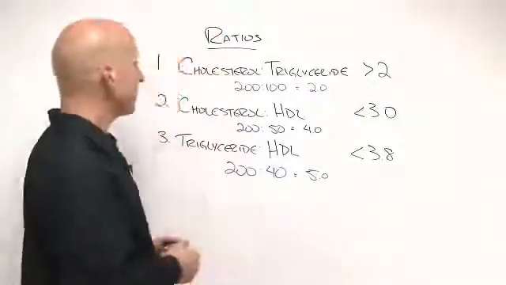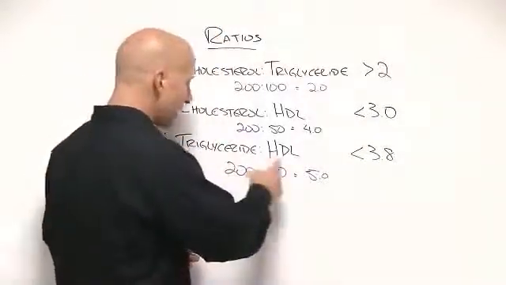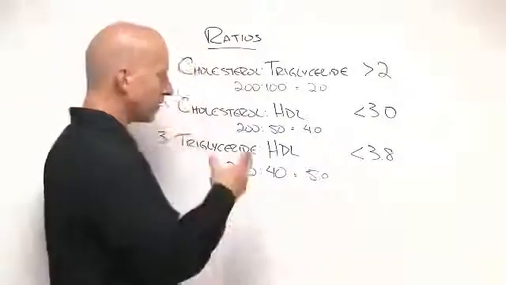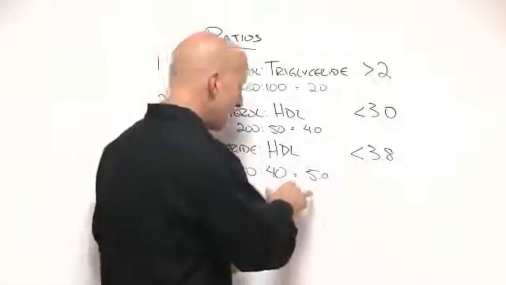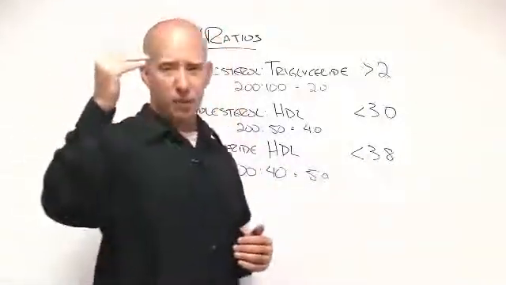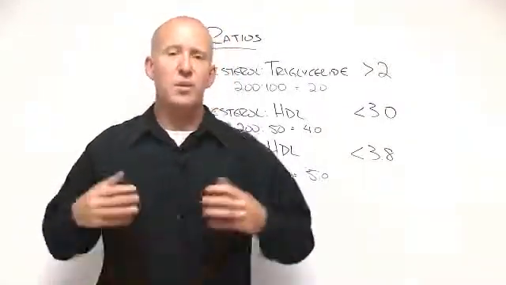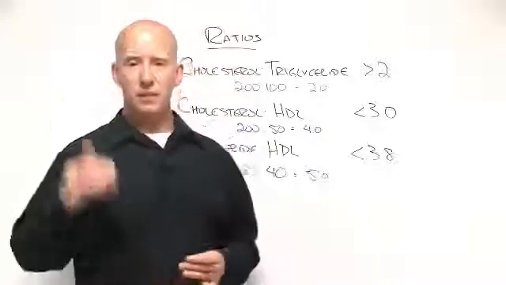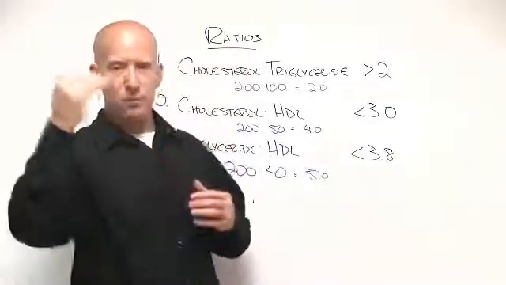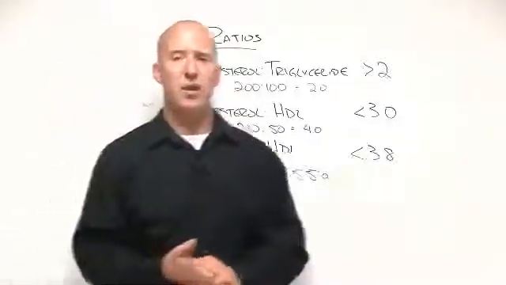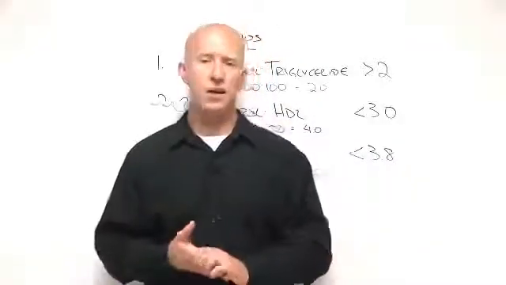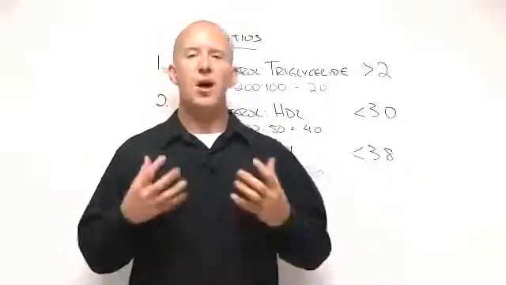That plus, for example, a triglyceride-HDL ratio greater than 3.8 means not only high LDL particle amount, but also small, dense LDL particles. That person's at even greater risk than somebody with large, buoyant, but high LDL particle amount, for example. So there's a lot of different markers that you can look at on here.